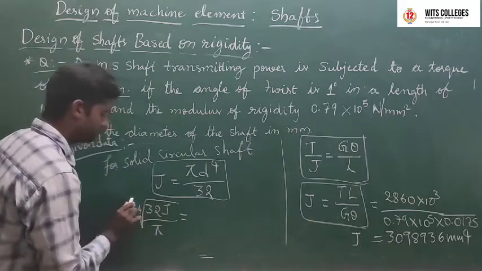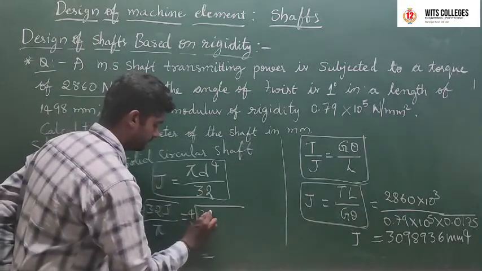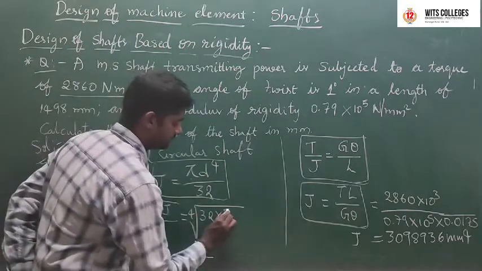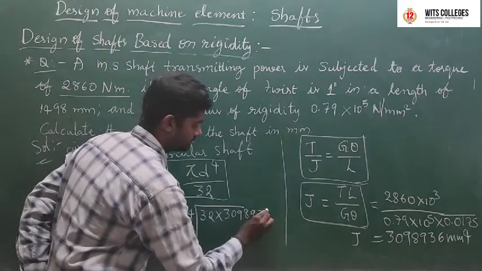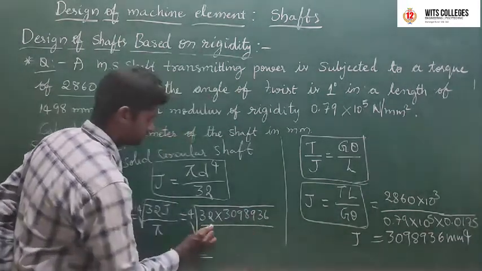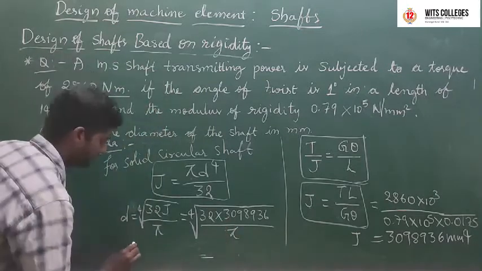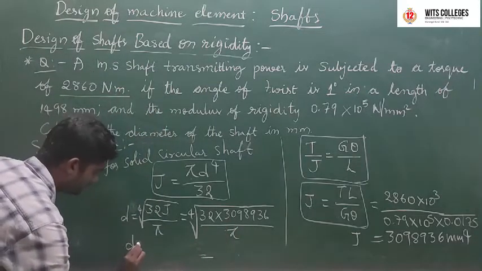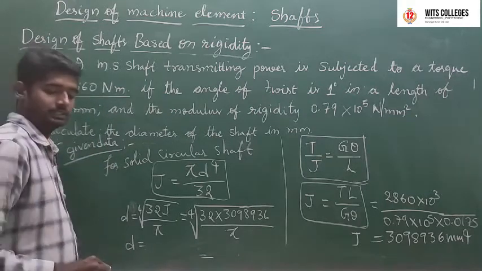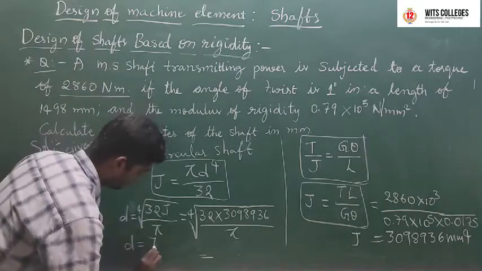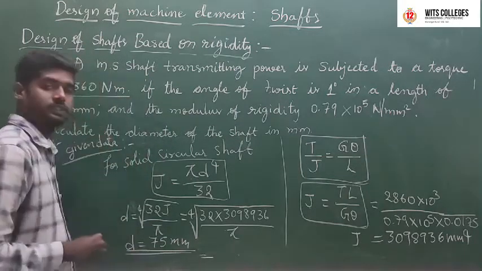Substitute the J value, 3098936, divided by pi. Then the diameter is approximately 75 mm. This is our answer.